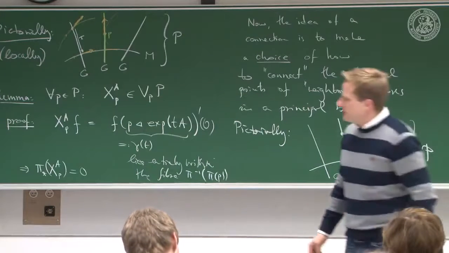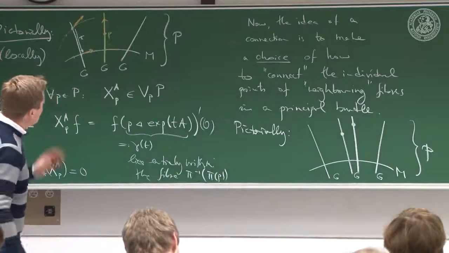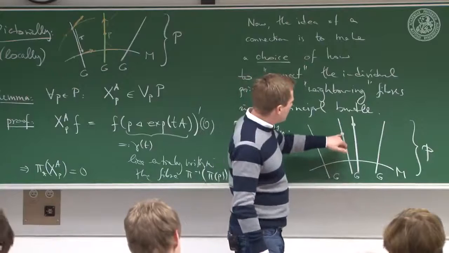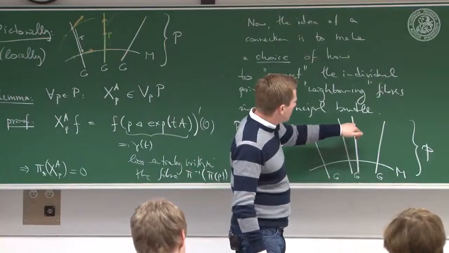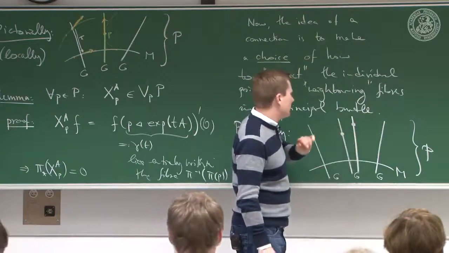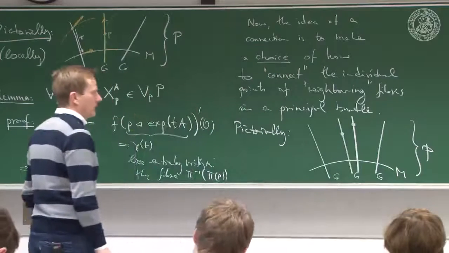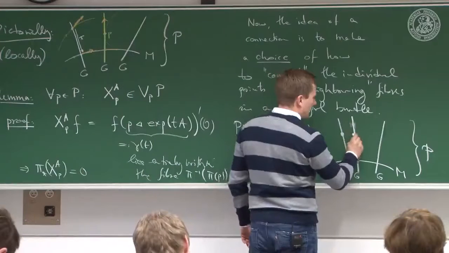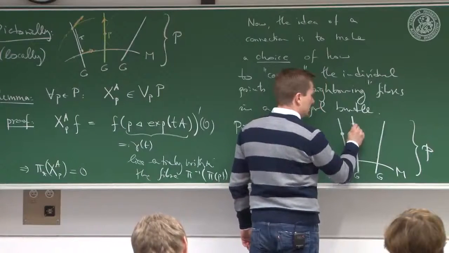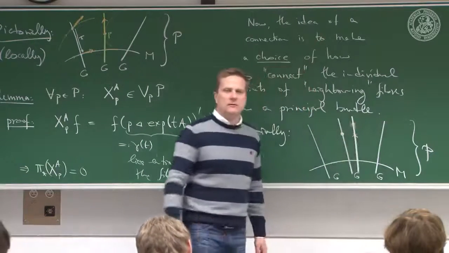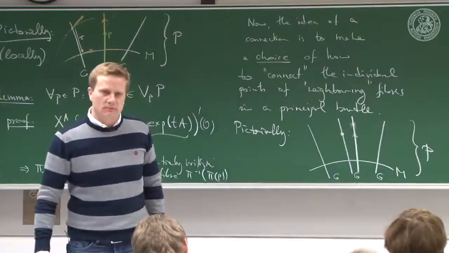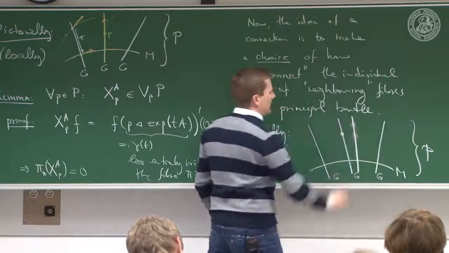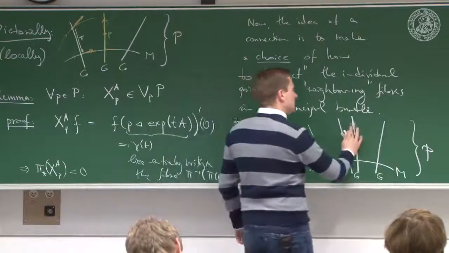Okay, and similarly in a principal bundle, you would like to be able to talk about this point as to be identified with this point. Now, obviously, I could have chosen something different. I could have said, well, no, this point is to be identified with this point, not that one. Obviously, there is a choice. Now, what do we mean by nearby fibers? Well, we mean a linearization.